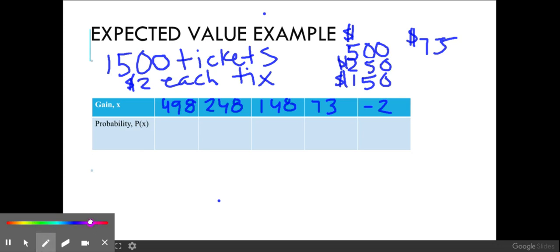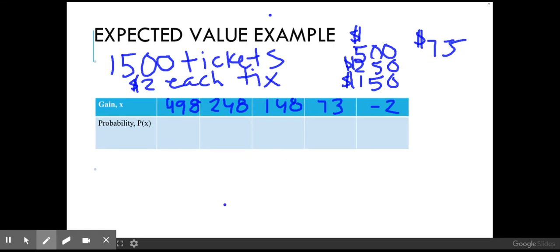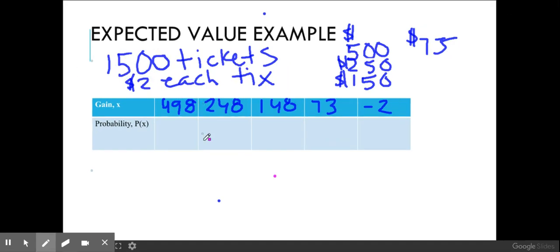So now, I want to do this in a different color. What is the probability of getting each of these prizes? Each of the prizes is only going to be one of the tickets.